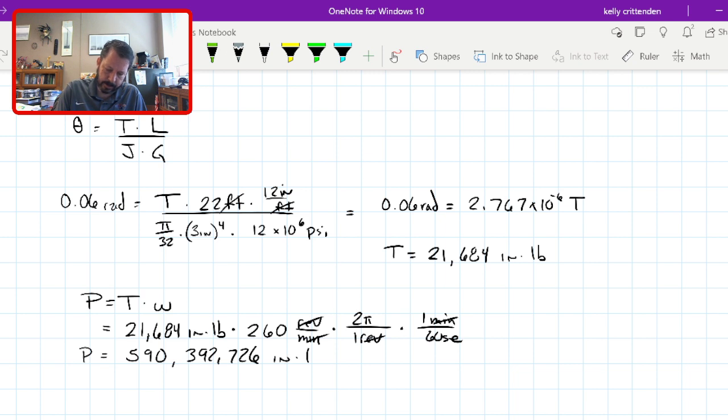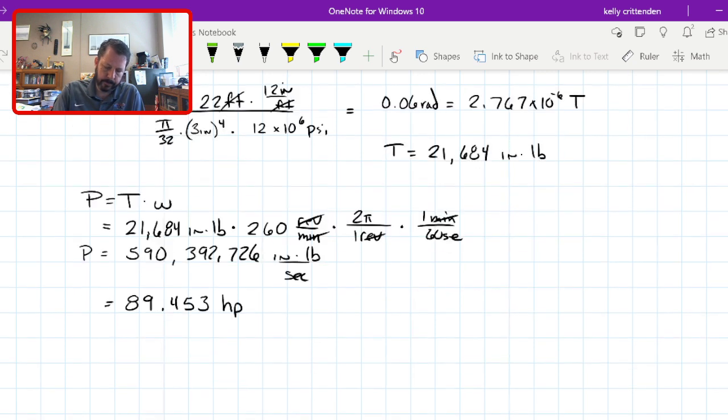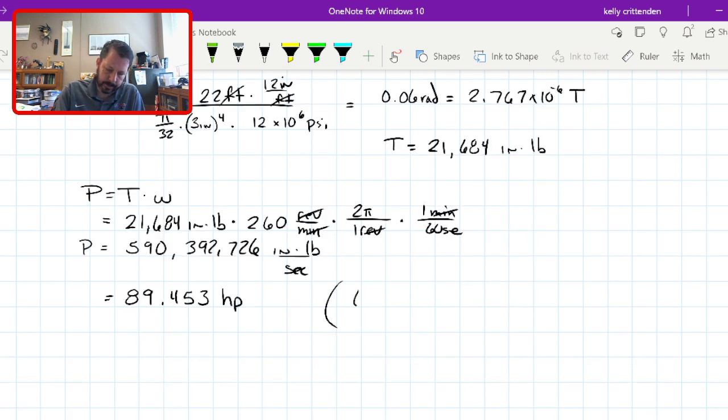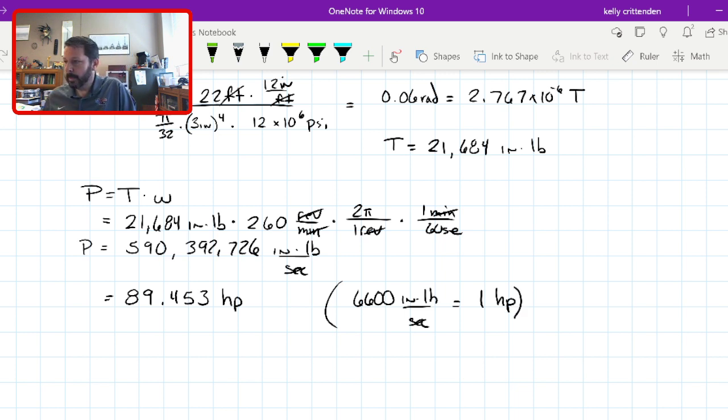That unit should be inch-pounds per second. WebWork wants it in horsepower, so we would need to divide by 6,600, which is 89.453 horsepower. Remembering that 6,600 inch-pounds per second equals 1 horsepower. And I'm pretty sure that was the number that WebWork actually wanted.